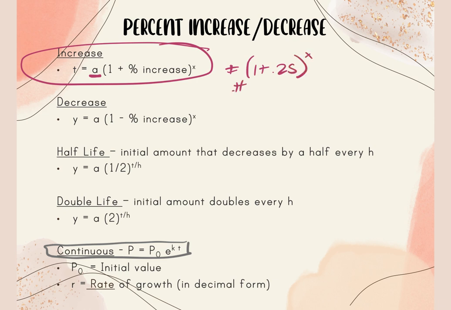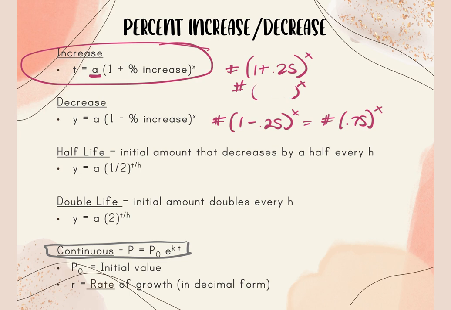And then I'd go one step further and say 1.25 to the x. So we're making exponential models from our growth and our decay. If it's a 25% decrease, then I'd get whatever I start with, and it'd be 1 minus 0.25, which results in whatever we started with times 0.75 to the x.